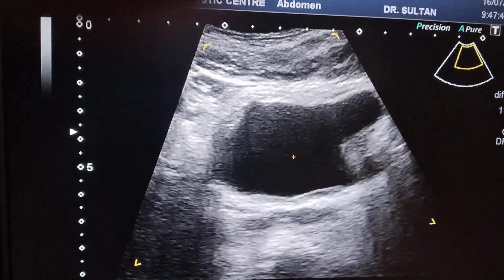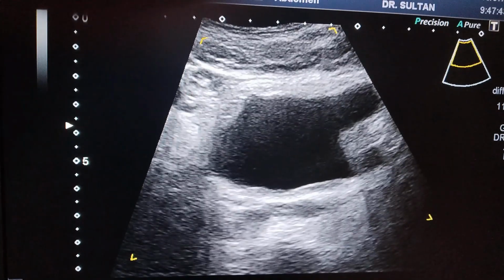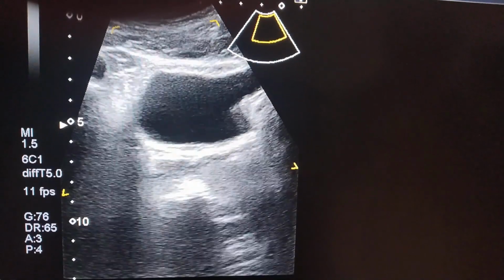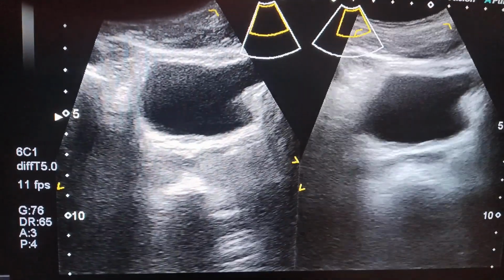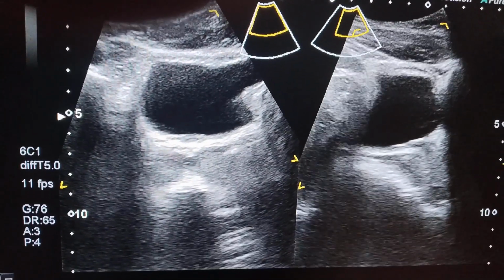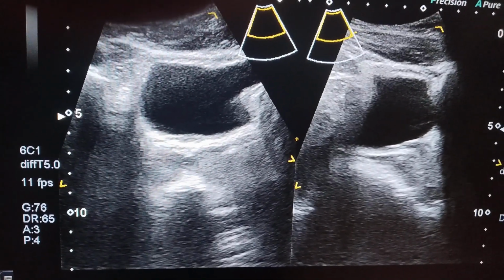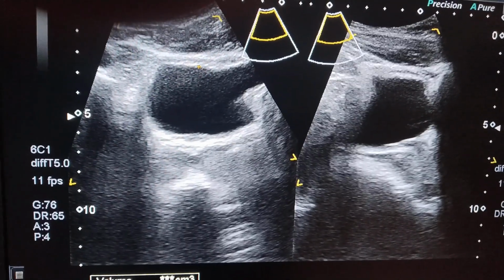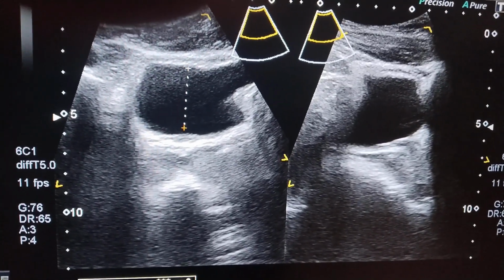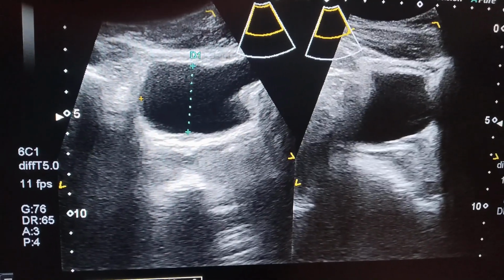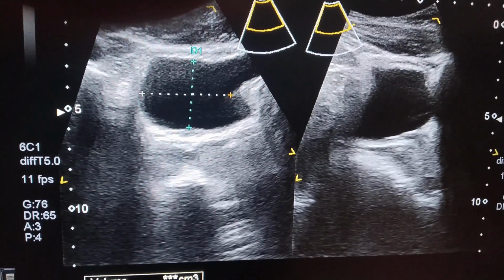I'm going to measure it in two directions, in the transverse direction and then in the sagittal direction, from inner to inner. This is the transverse diameter.